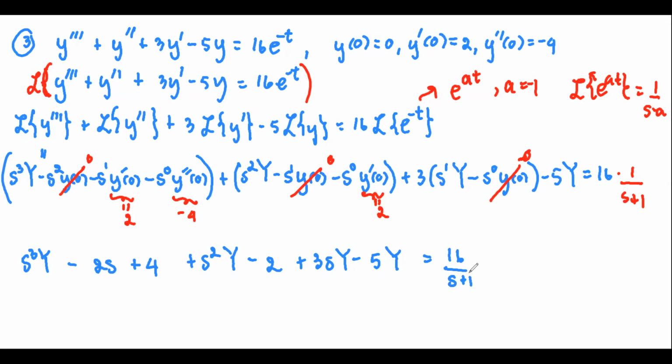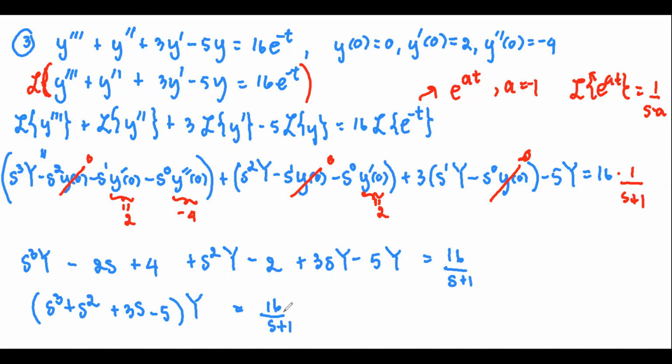Okay? And collect the Y terms all together. We have s to the third plus s squared plus 3s minus 5 of the uppercase Y. And then move the non-Y terms to the right together with 16 over s plus 1.